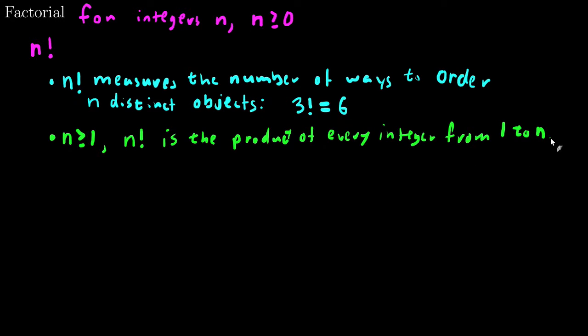Now, in this case, I said multiplying from 1 up to n, but oftentimes I actually multiply the higher numbers first because I think it's a little bit easier.